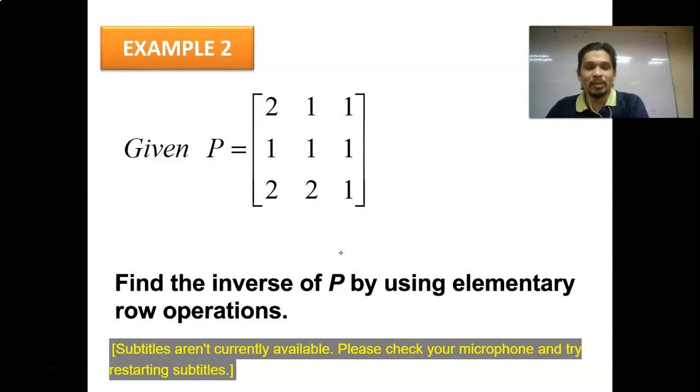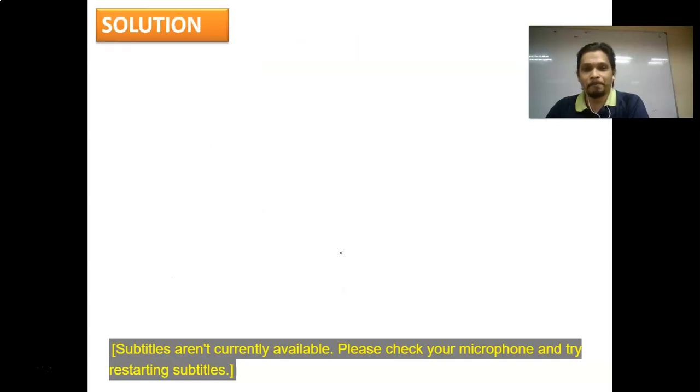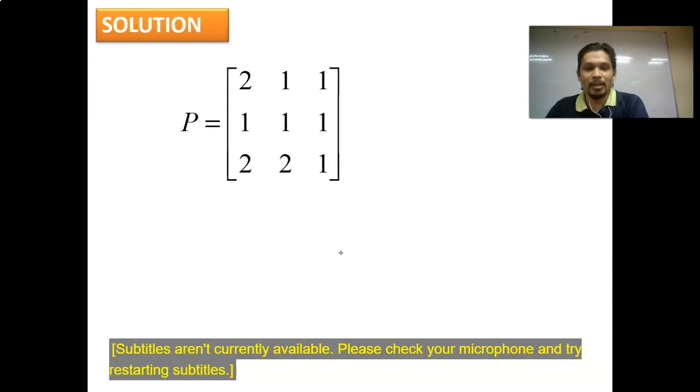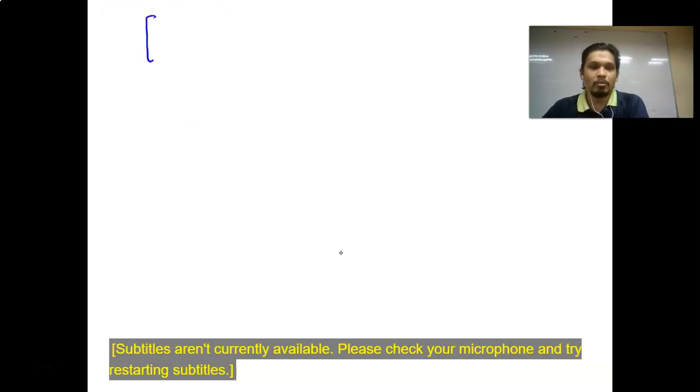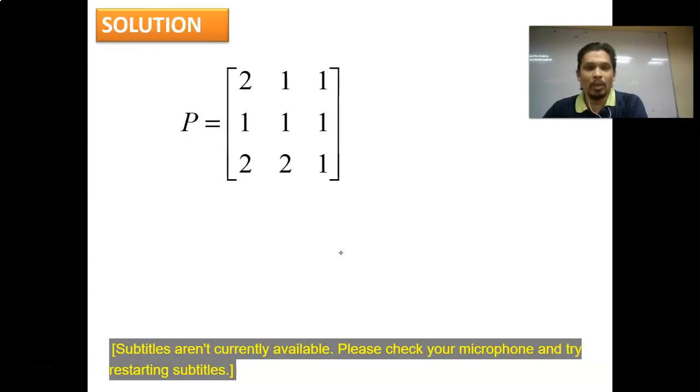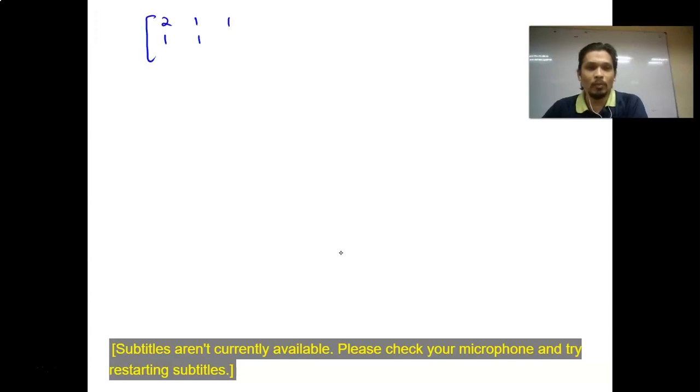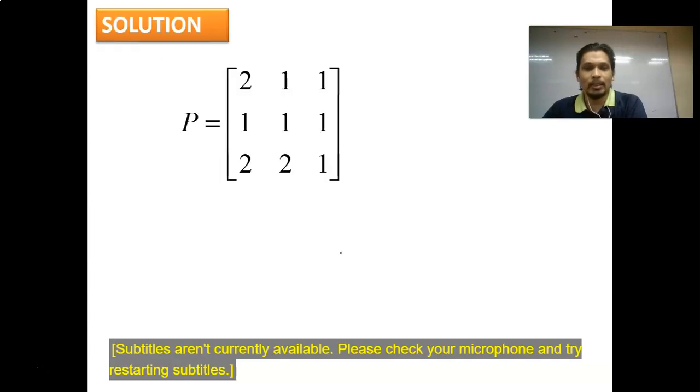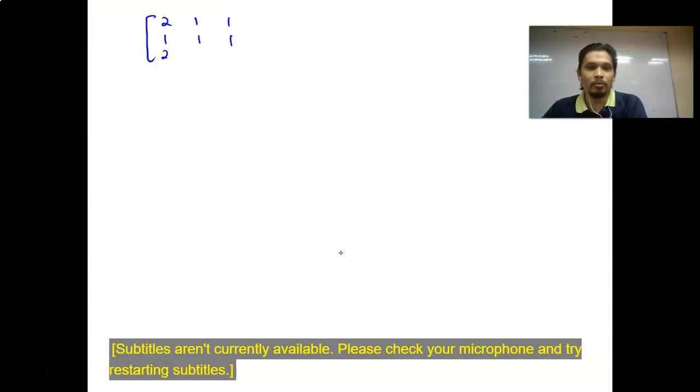Now it's time for a 3 by 3 matrix. So this is it: 2, 1, 1, 1, 1, 1, 1, 1, 1, and 2, 2, 1.